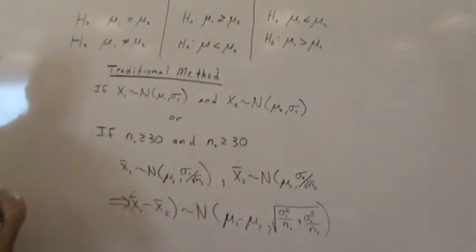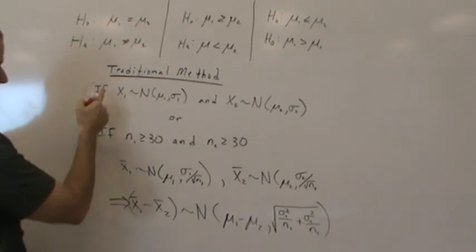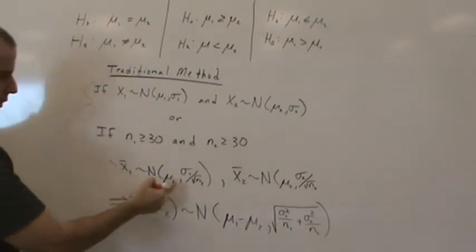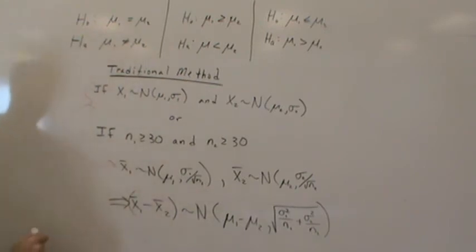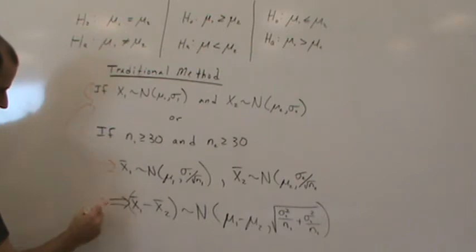But again, we know from chapter 7 that if this or this is true, then we get both of these. And it follows that if both of these are true, then we get this, okay?